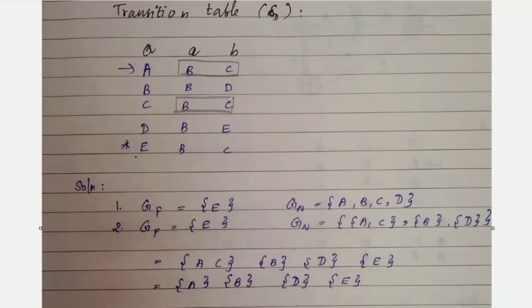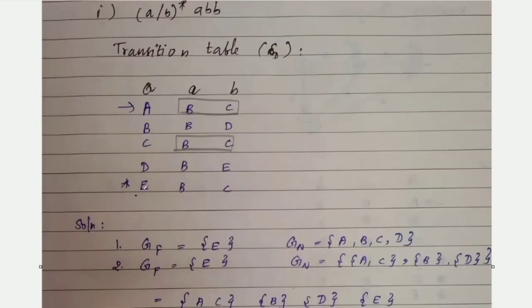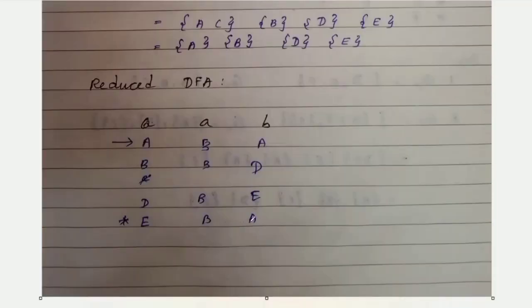Next C, we remove this line. Then D on input A, B goes to B, E. From state E on input A, B, reach B, C. Instead of C, we will write A.